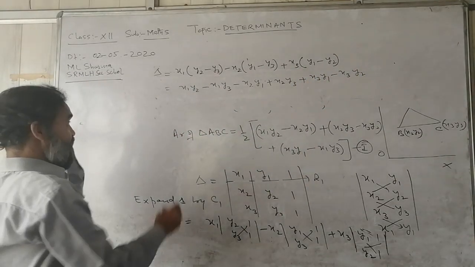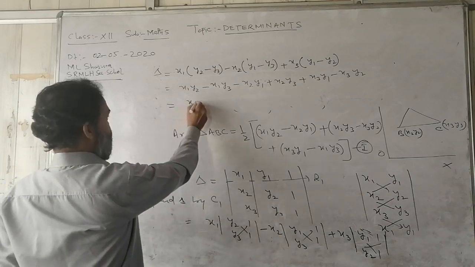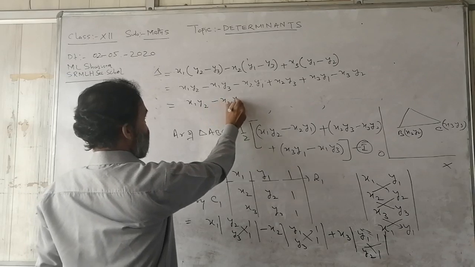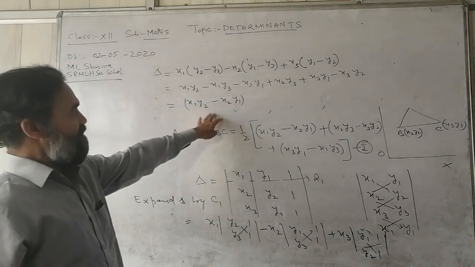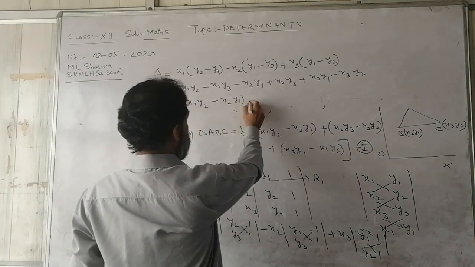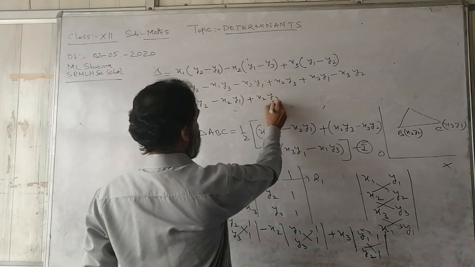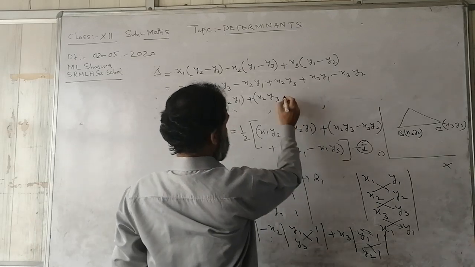So if I combine these terms in this way, x1 y2 minus x2 y1, these two terms I have combined, then plus x2 y3, this term I combine with this term.